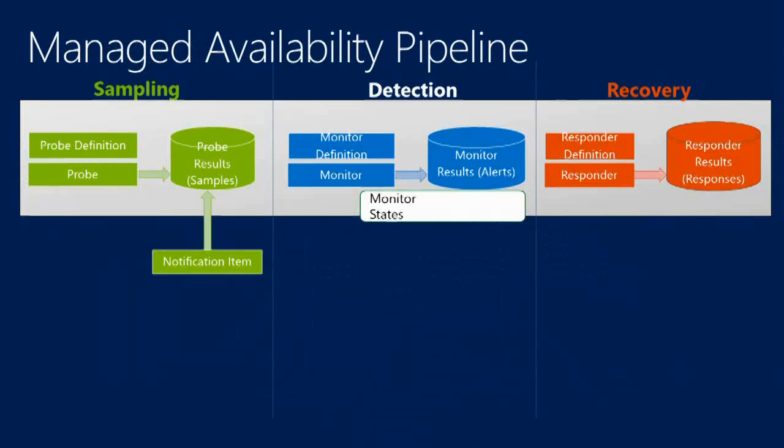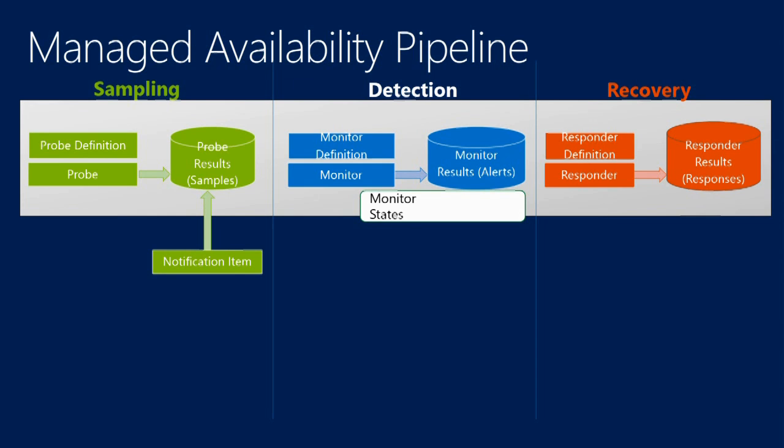So if you think about managed availability as almost this pipeline of activity, which really is what it is, because once those services start and are instantiated, that timeline starts running, and the clock is running, and all the probes start doing their things, and all the monitors start doing their things, and if necessary, the responders get involved and so forth. So it is a time sequence set of steps, and it's largely based on these monitor states.